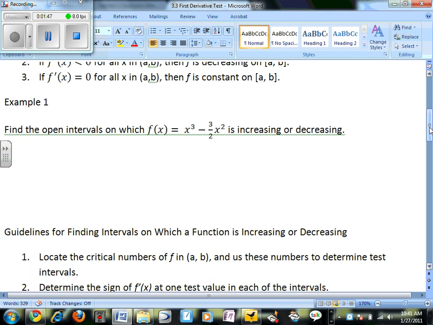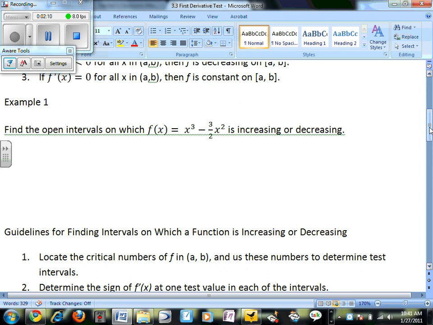Example 1. Find the open intervals on which x cubed minus 3/2 x squared is increasing or decreasing. By that theorem above, we want to find the slope and figure out where the slope is positive or negative. So we better find the critical points, because the critical points will tell us where the slope changes from positive to negative.